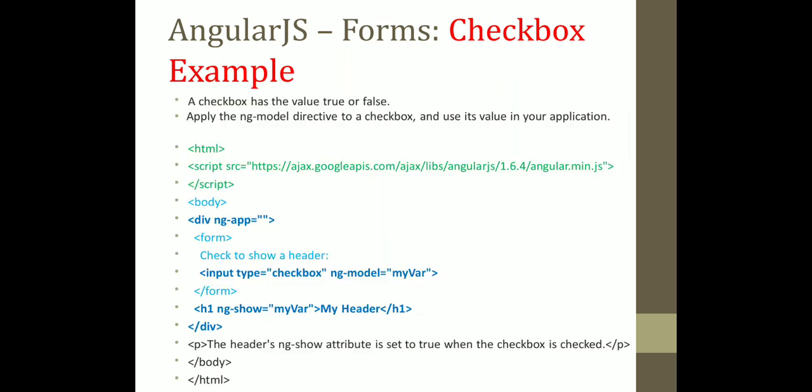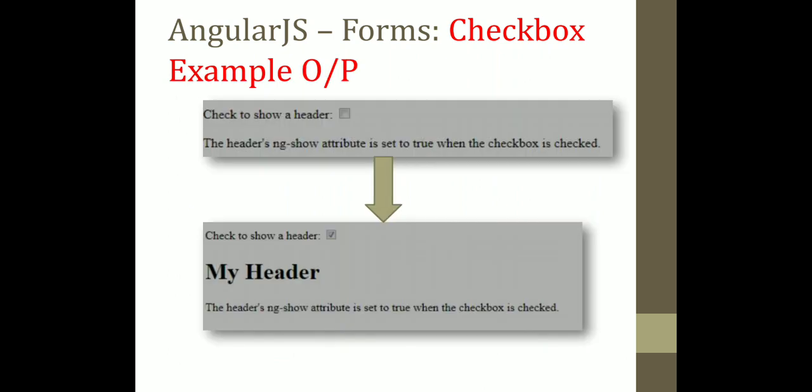So how will it display as output, like check to show a header? We have used that here in the form. We have given the statement check to show header, and there we have used input type checkbox and ng-model as myVar, and it is showing you a checkbox because you have entered the input type as checkbox. You can see that the header ng-show attribute is set to true when the checkbox is checked.